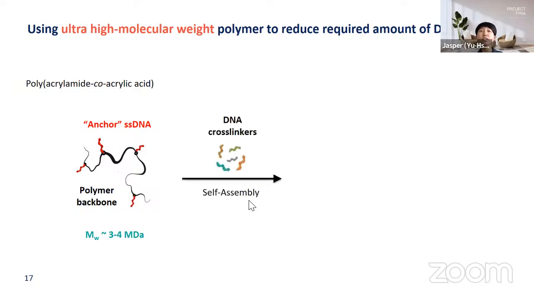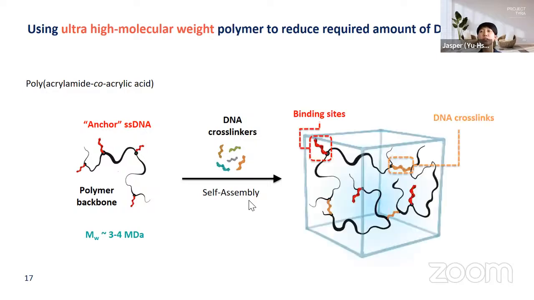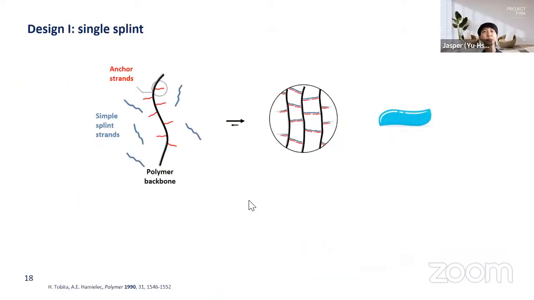By adding DNA crosslinker, they undergo self-assembly, then we can form crosslinked matrices. This polymer has only been used in solution before, so our first goal is to establish a reliable crosslink to form a gel-like material. At the beginning, we said, okay, let's just throw some DNA inside and crosslink them. How hard could it be?